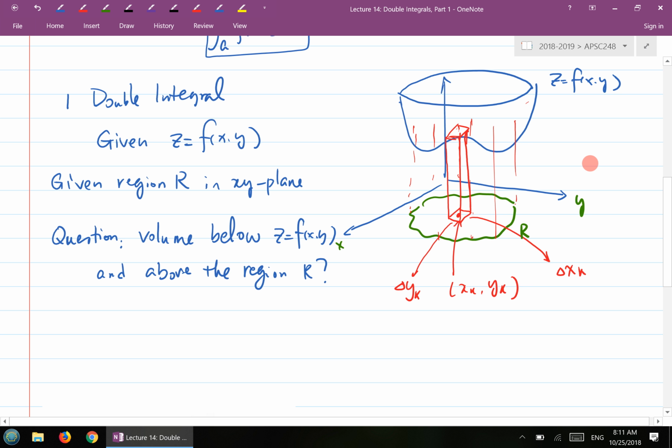I can calculate the volume of this rectangular box.